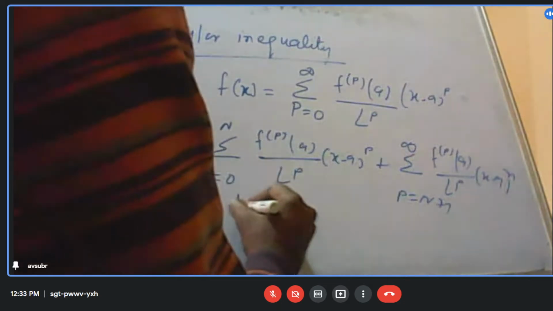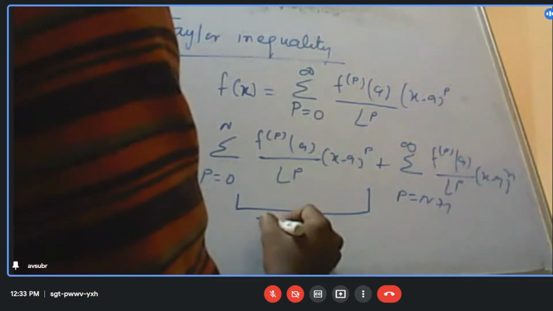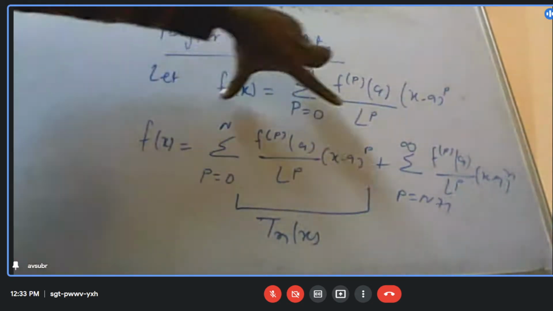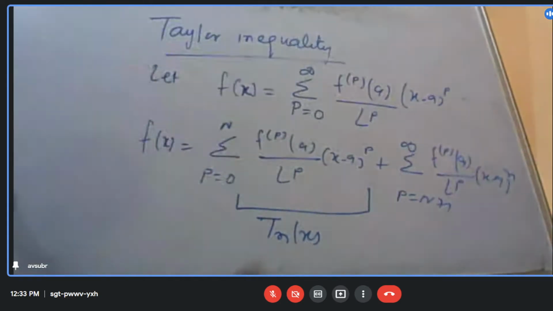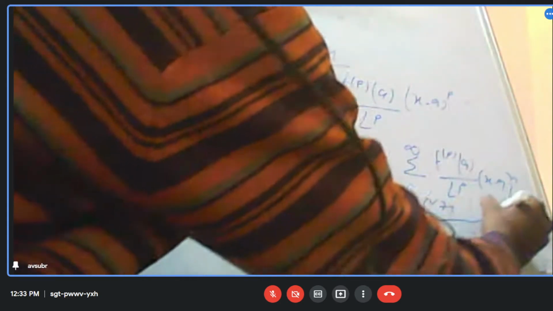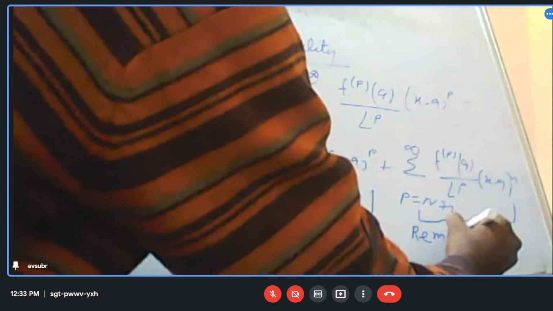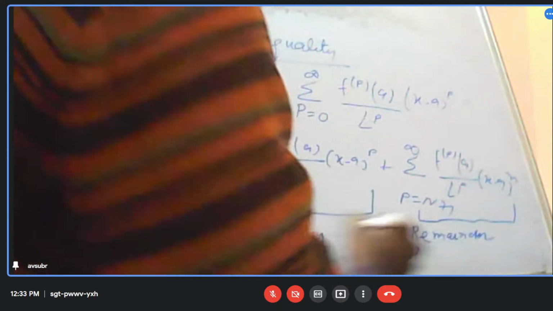This is my Taylor series, so I will call it Tn. I have considered up to this many terms, and the rest of the terms I have left out in the series. This I will call a remainder, and I will represent it as Rn.